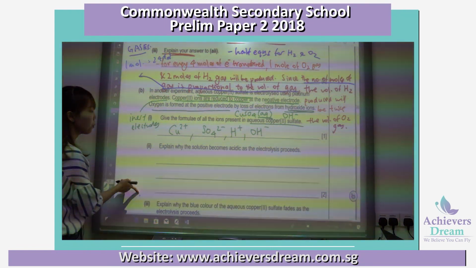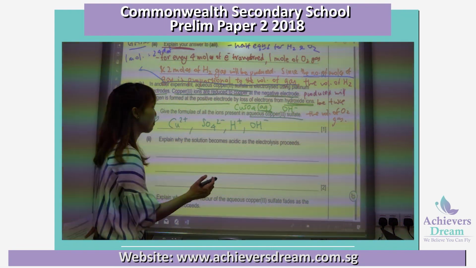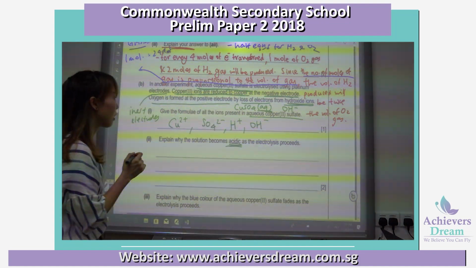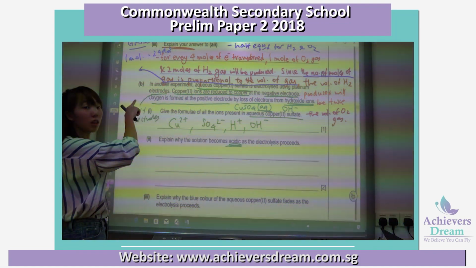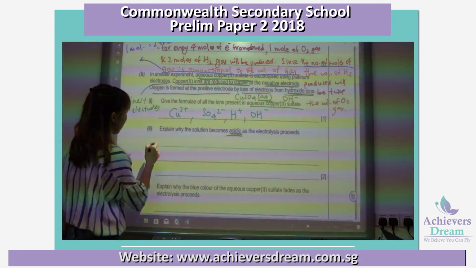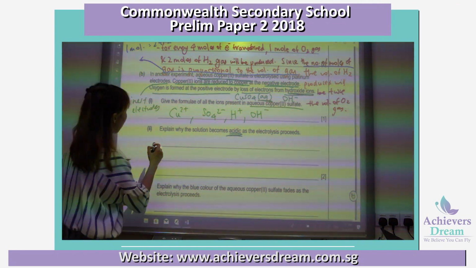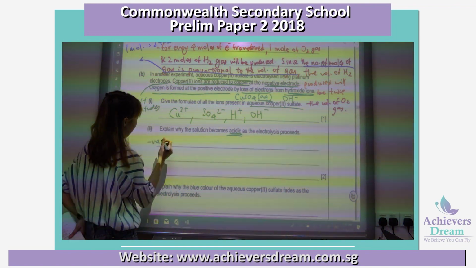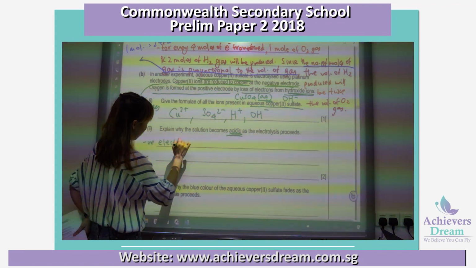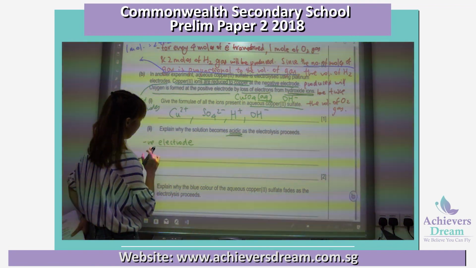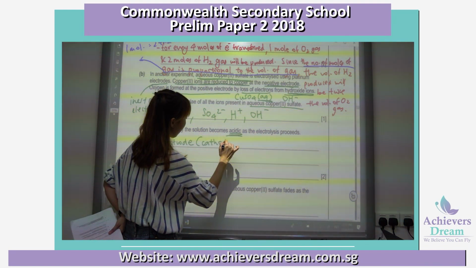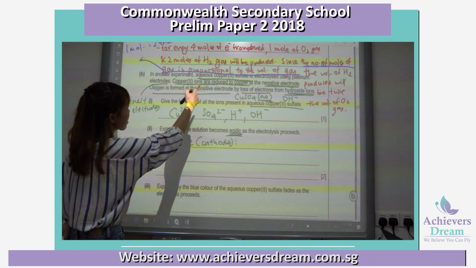Then now part 2. Explain why the solution becomes acidic as the electrolysis proceeds. Now all our answers are actually in the question. So let's see. At the negative electrode, which is my cathode, what is the half equation?